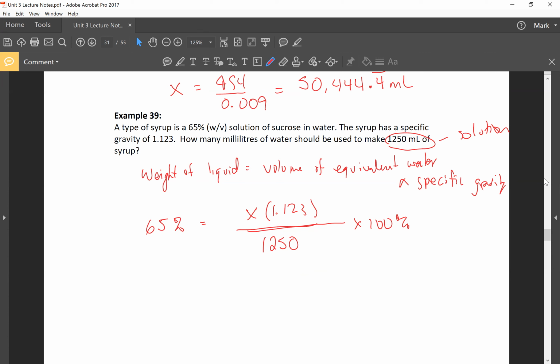So let's solve for X. X is going to be 1250 times 0.65 over 1.123. This is not going to give us the answer, but it will give us the first part of the answer. Oops, hold on, I did something wrong on my calculator here.